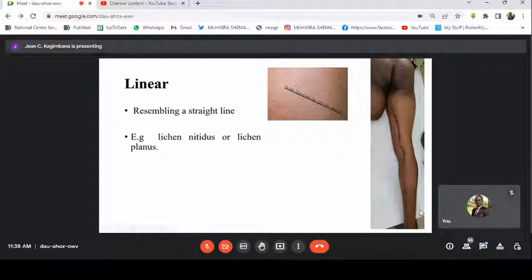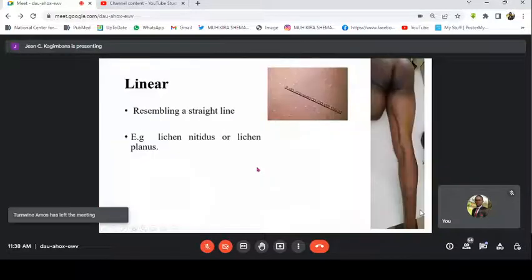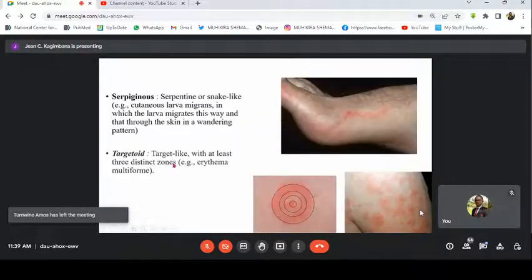Then someone may immediately know the diagnosis of the lesion. It's like a line, like we see in here. Lichen nitidus and lichen planus.